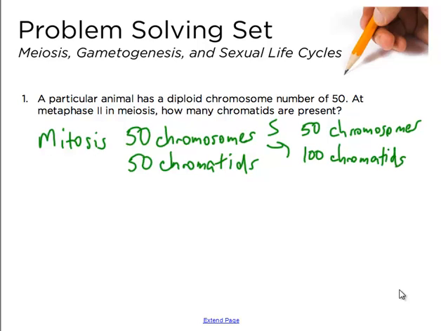Now remember, I said we were dealing with mitosis, but what I really should have said is that this starting cell, whether it's going to undergo mitosis or meiosis, this initial situation is similar, right? It starts off with 50 chromosomes and 50 chromatids, and after S phase, there are 50 chromosomes, each of which is composed of 2 chromatids for a grand total of 100.